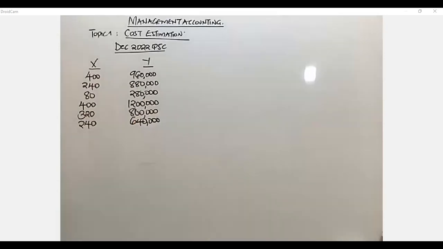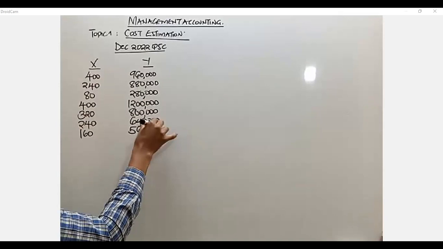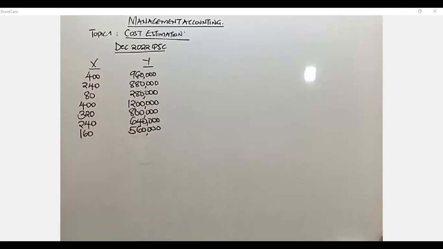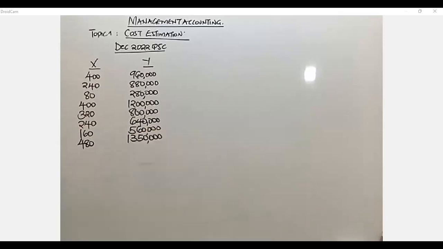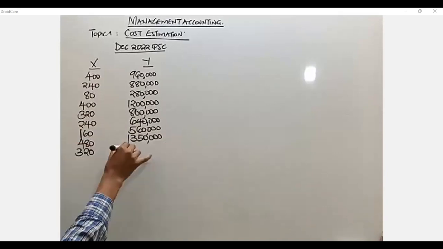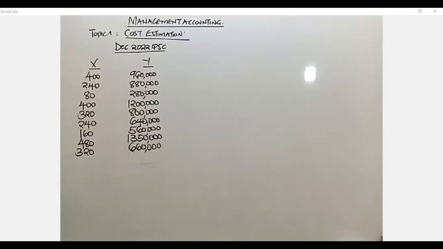The other one is 160, and this is 560,000. Here we have 480, and then 1,350,000. We have 320 and 660,000. Then the last one is 160, and here we are given 440,000.